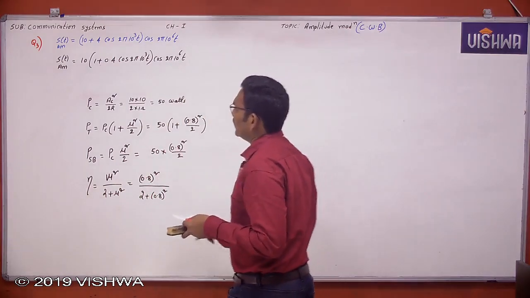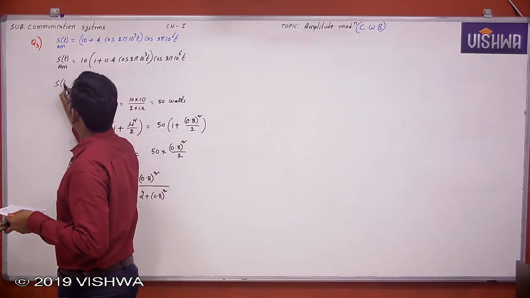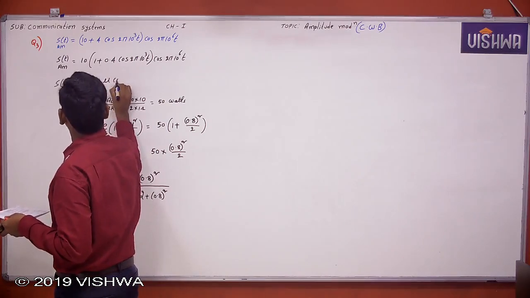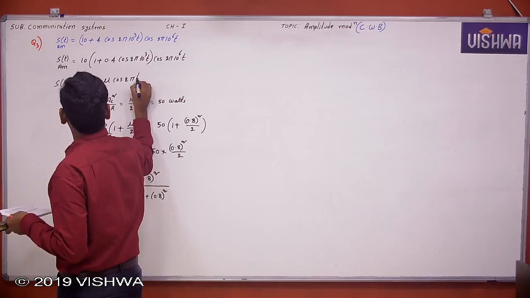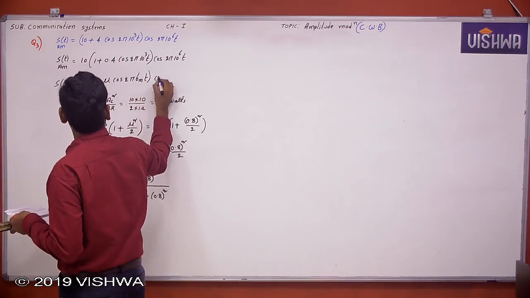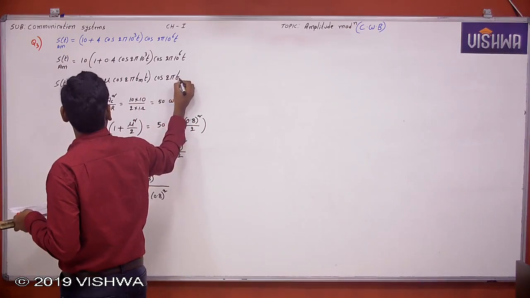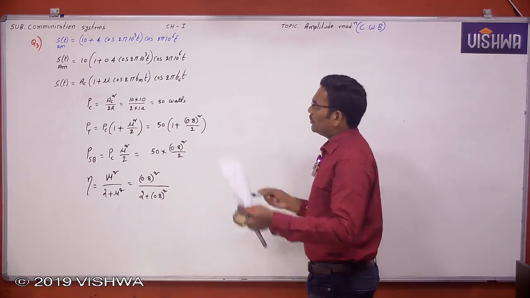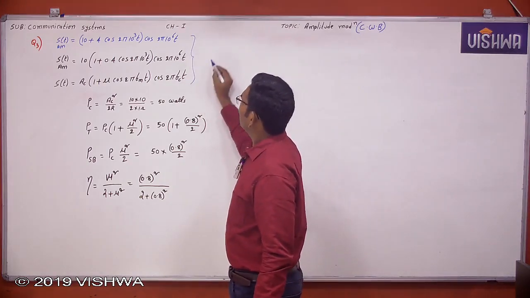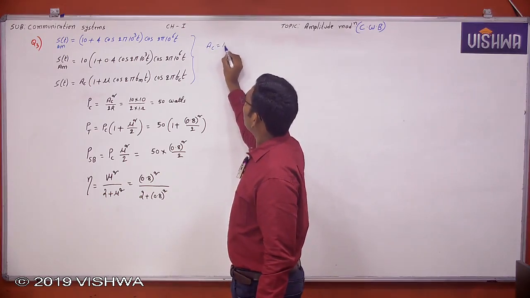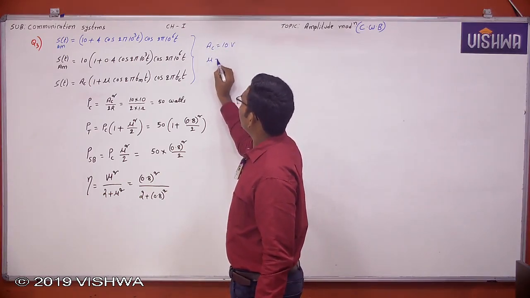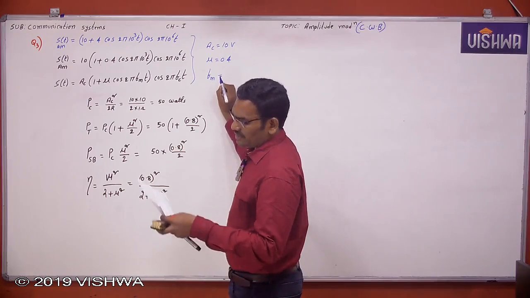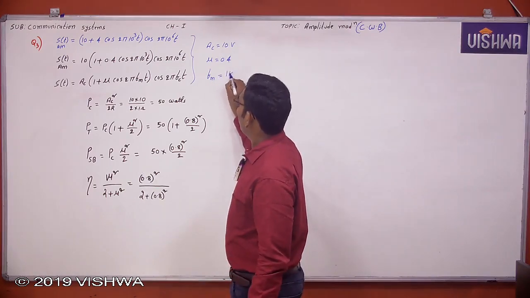This is nothing but s of t equal to Ac into 1 plus mu cos 2 pi fm t into cos 2 pi fc t. If you compare these two, Ac is 10 volts, modulation index is 0.4, and fm, the frequency of the message signal, is 1 kHz.